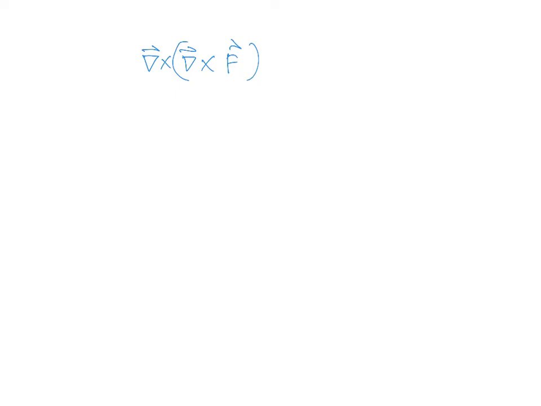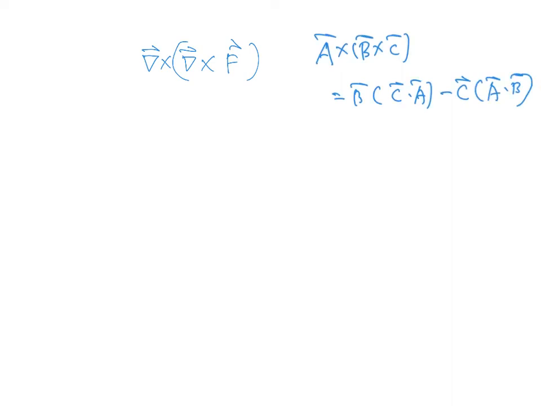We have A cross B cross C equals B times A dot C minus C times A dot B. But you have to be careful in applying this vector operation.